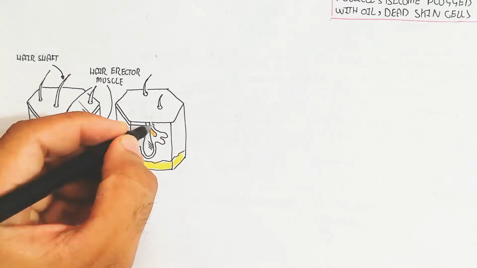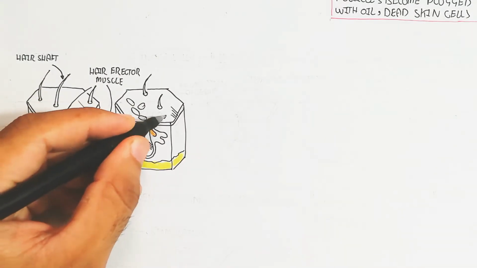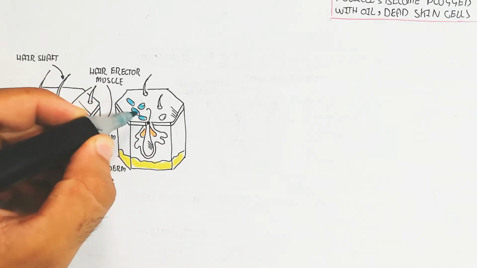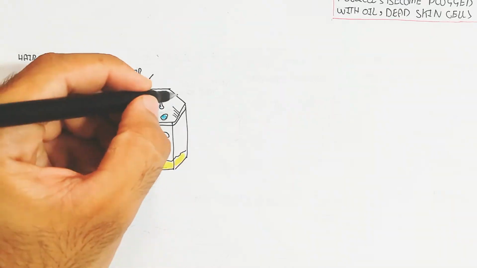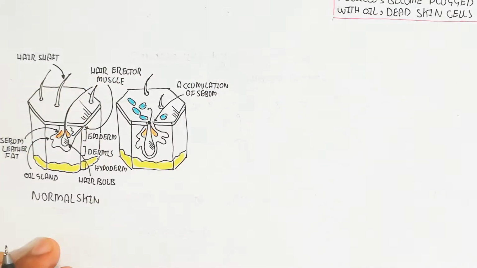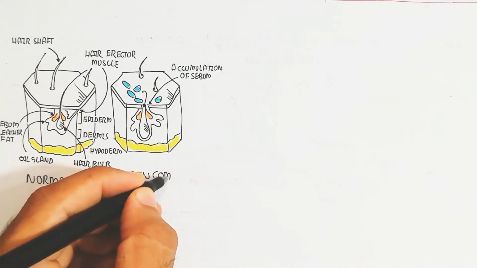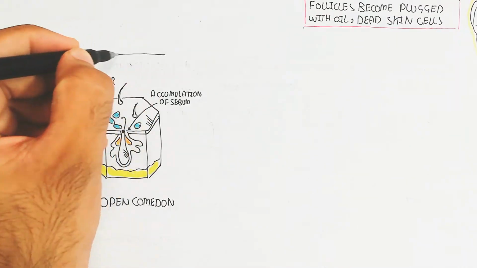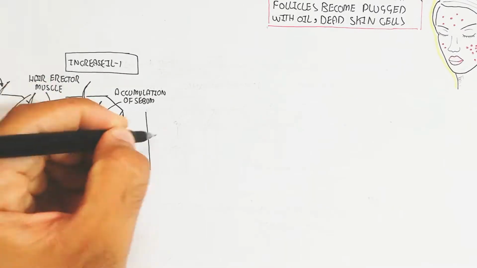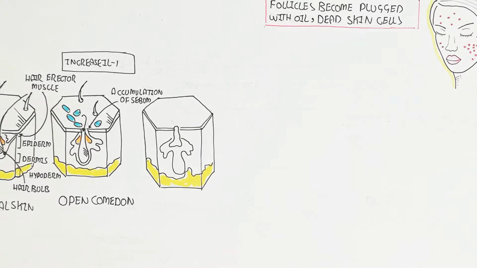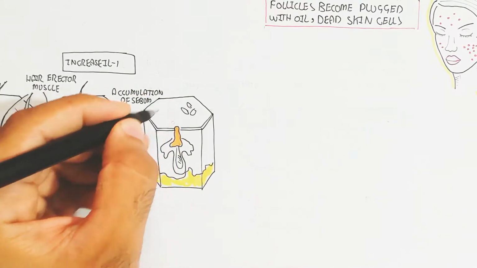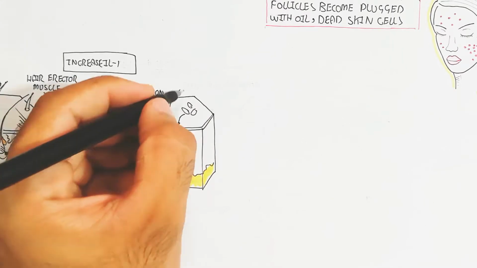So let's begin to understand the pathogenesis of acne. This is the oil gland, which produces sebum. The hair will not rupture but fall. This facilitates bacterial invasion, which leads to open comedone formation due to the accumulation of sebum and an increase in interleukin 1.